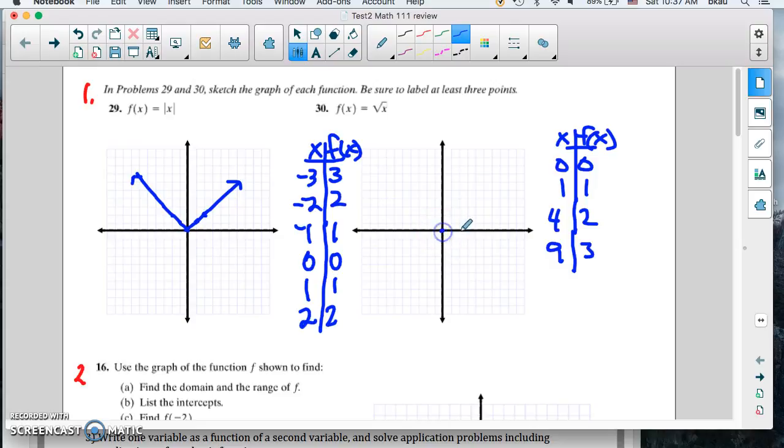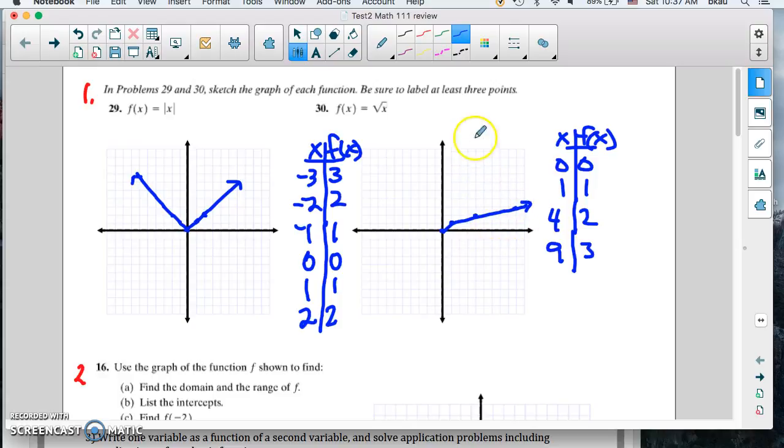Here's 0, 0, 1, 1, 4, 2, 9, 3. So it looks kind of like this curved shape, and it keeps going that way.